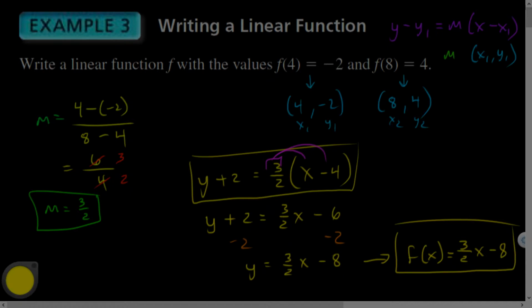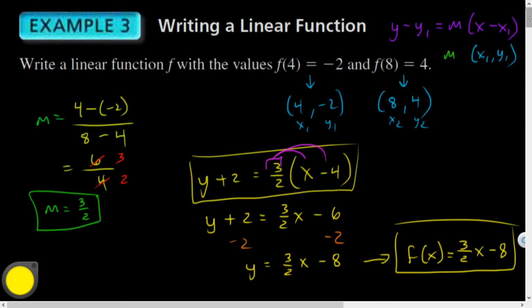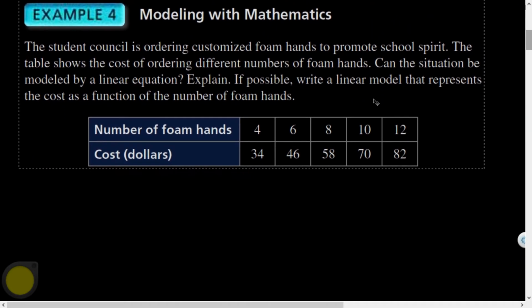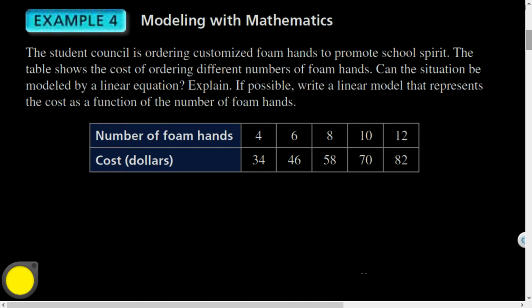So let's take a look at this next one, example 4. All right, the student council is ordering customized foam hands to promote school spirit. I think their mascot is a hand, I'm guessing.